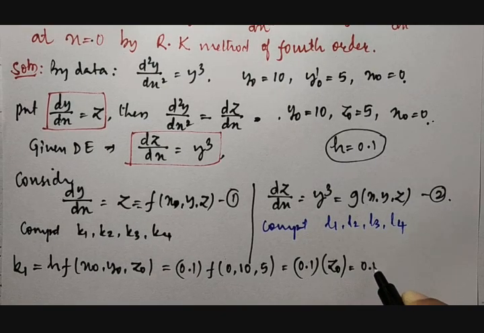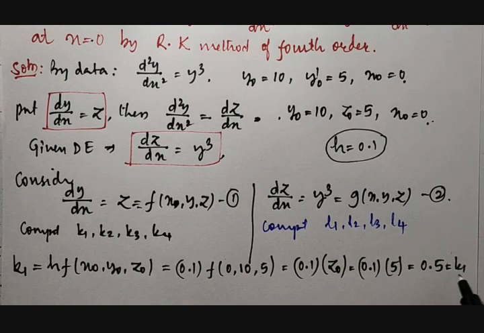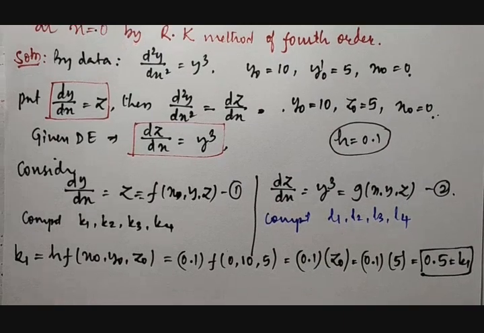Therefore 0.1 into z naught is 5. Therefore the value of K1 is 0.5. This is K1. Clear? So this is the result which we have obtained as K1.